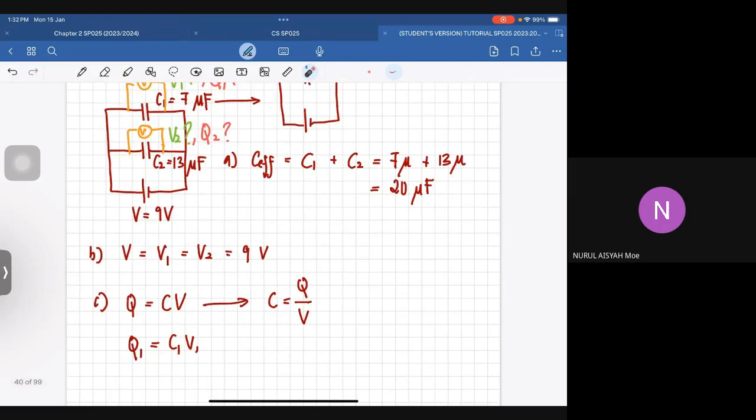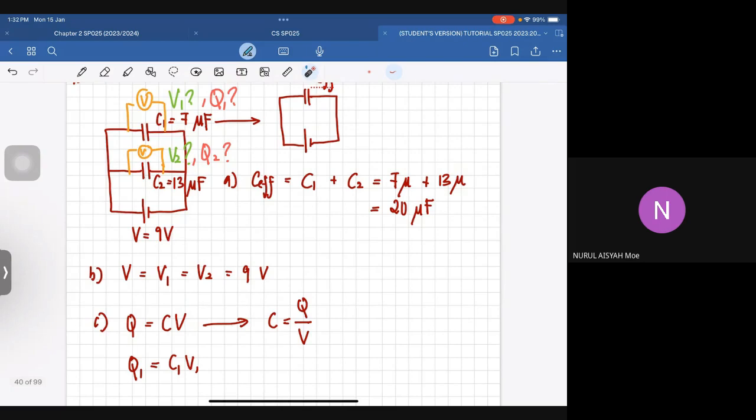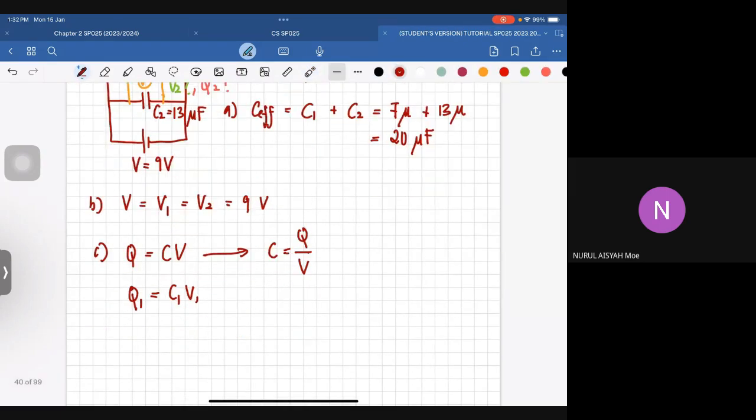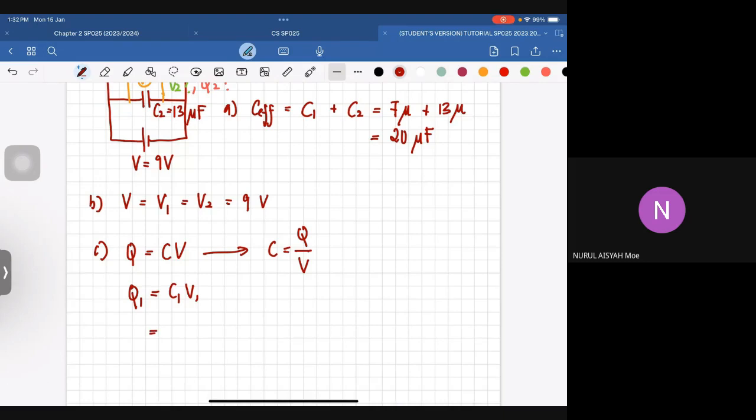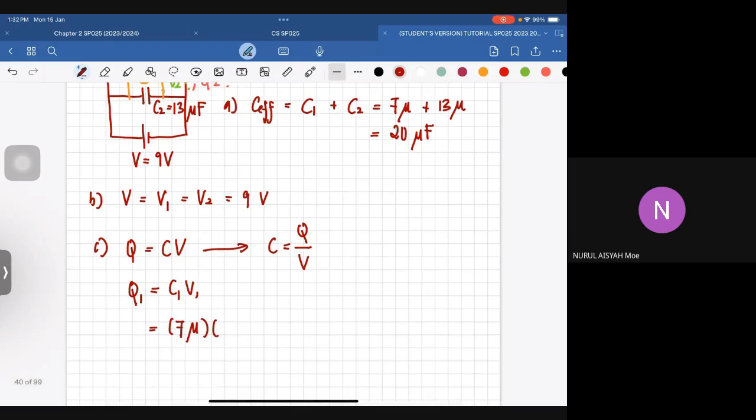Since we already have the value of capacitance and the voltage across capacitor 1, we can directly substitute and get the answer. C1 is 7 μ multiplied by the voltage across capacitor 1, which is 9 volt. So we get the charge equal to 63 microcoulomb.